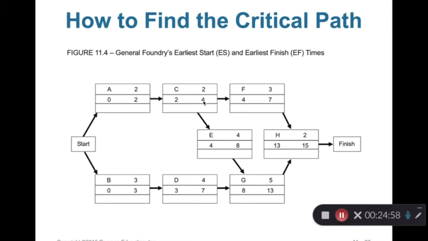And we go to B. B has no immediate predecessors, so the ES for B is 0, and the activity time for B is 3, so 0 plus 3 equals 3. EF for B is 3. And D has only one immediate predecessor, so the ES for D must be equal to the EF of B, the 3, because we should follow this rule.